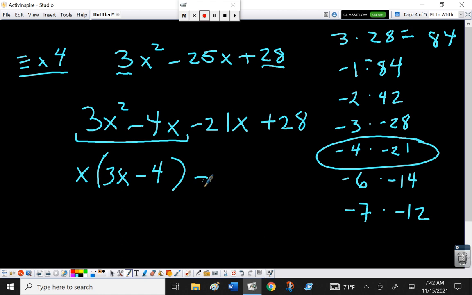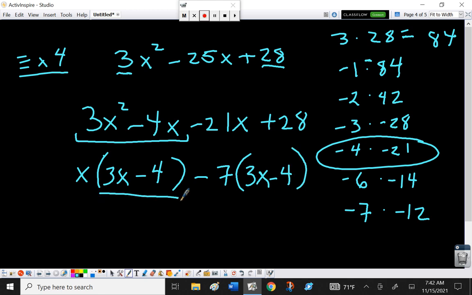We're taking out a negative. What number could divide 21 and 28? If you said 7, you'd be right. 7 goes into 21 3 times. Oh, look, just like that 3. And negative 7 goes into positive 28 negative 4 times.